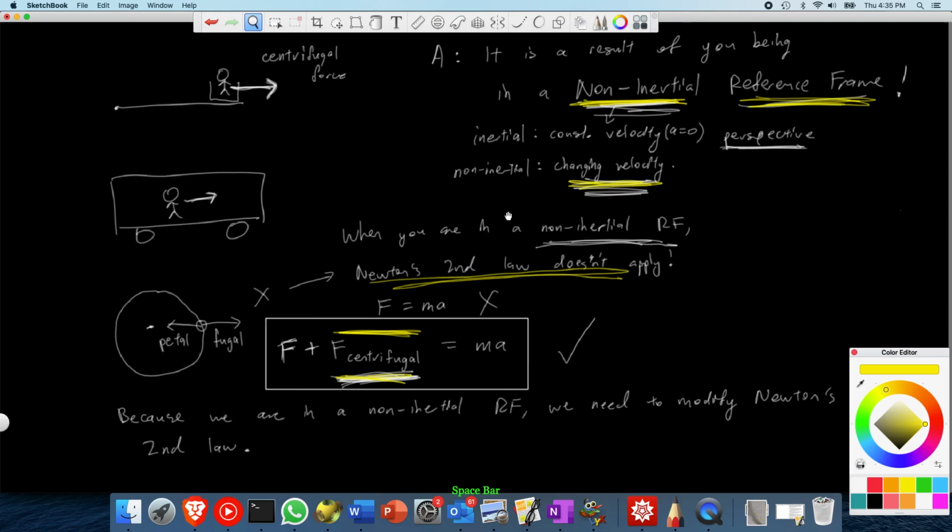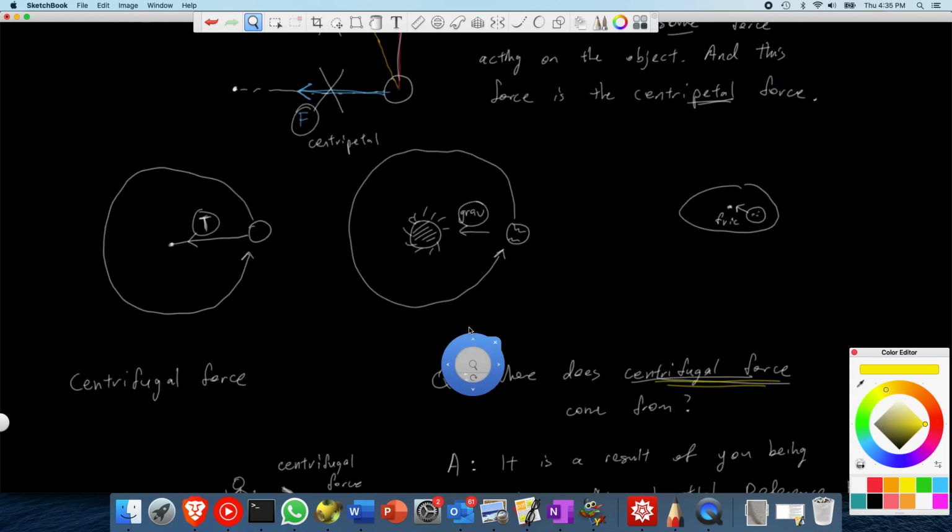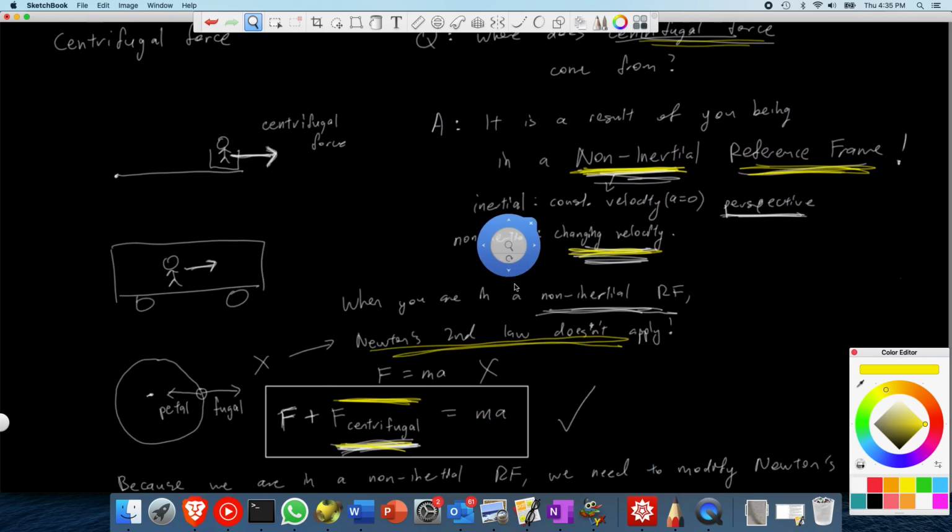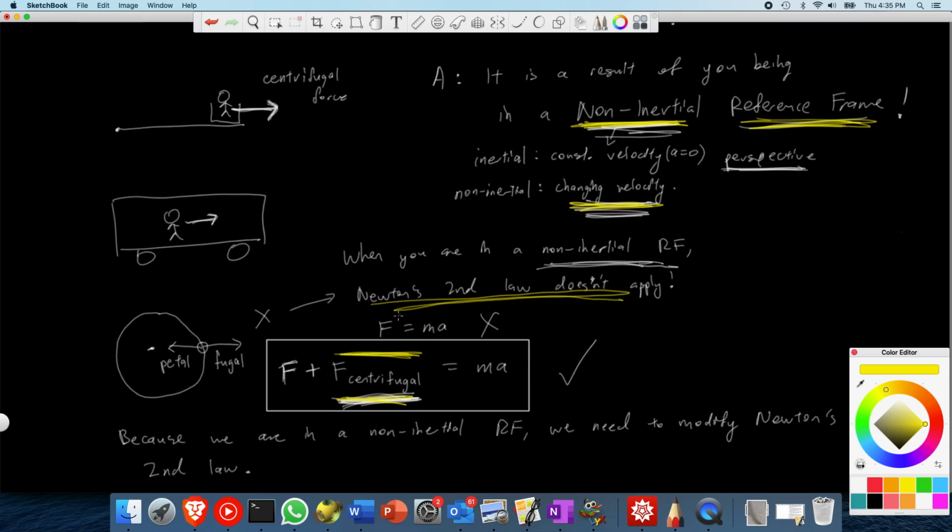I hope that this video has been clear. Let me just mention one last thing: once again, there's no agent that applies the centrifugal force on you. The cart in the carousel is not applying the centrifugal force on you. In a sense, your presence in a non-inertial reference frame naturally results in some fictitious force that appears, and that is known as a centrifugal force.